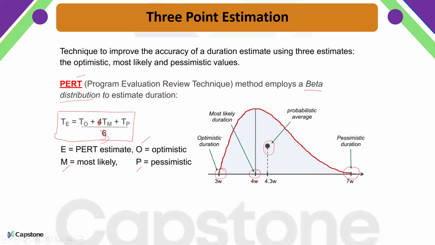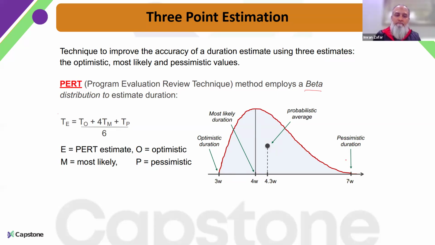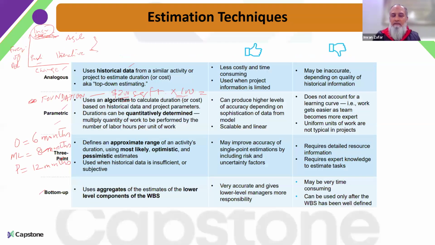I also had one question. From an exam perspective, do we have any preference for which estimation method we should focus on more, or any other recommendation around that? No, if you understand this, the scenario will ask you how the estimation is done, and which estimation they are using, whether analogous, parametric, 3-point or bottom up.